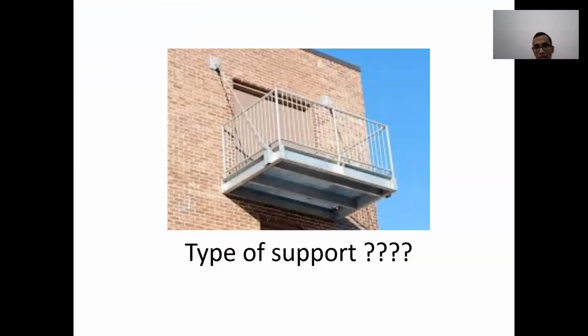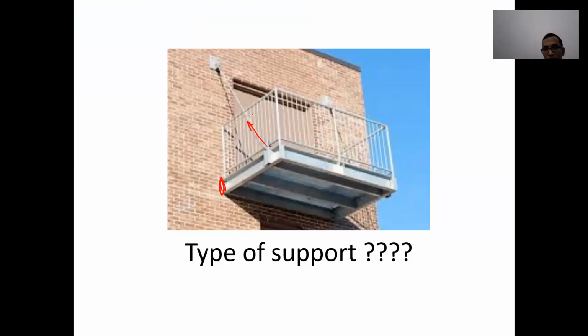When we see this kind of problem, we have a fixed support at the end here, then we have a cable here.